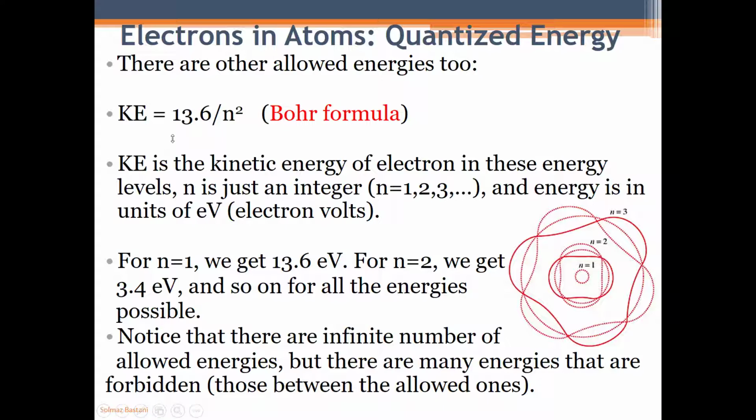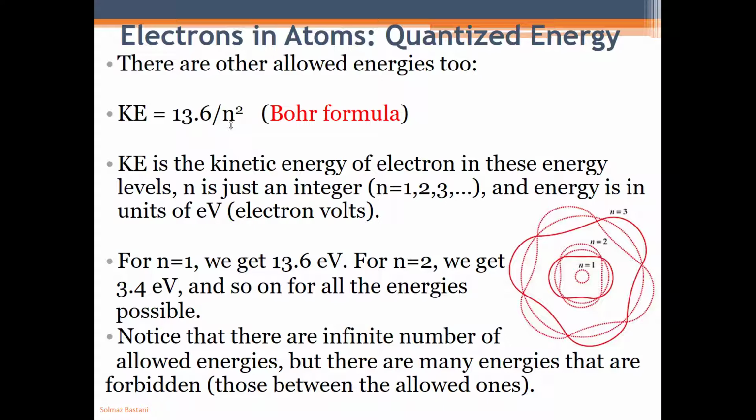So the energies that are allowed according to the Bohr formula are 13.6 divided by n squared. Okay, so this is the kinetic energy of the electron in the energy levels. Now this n is just an integer. It can be 1, 2, 3, going to infinity.